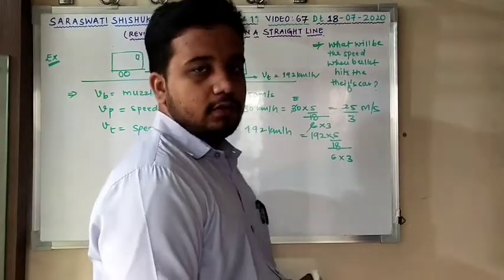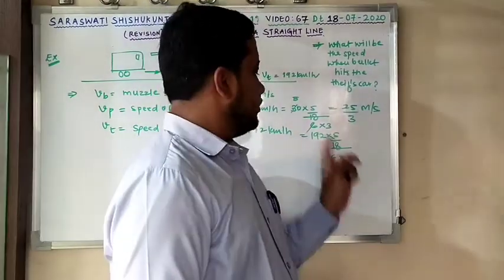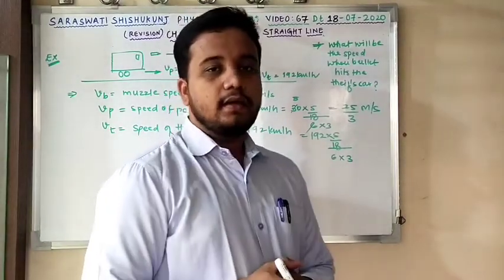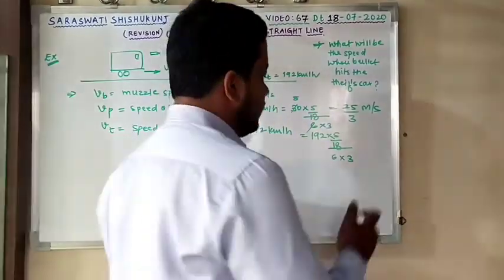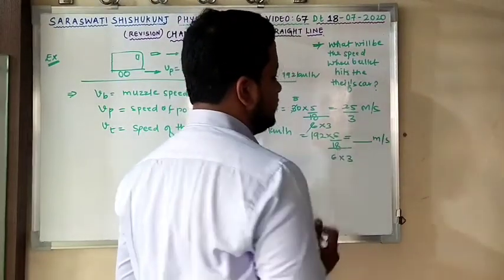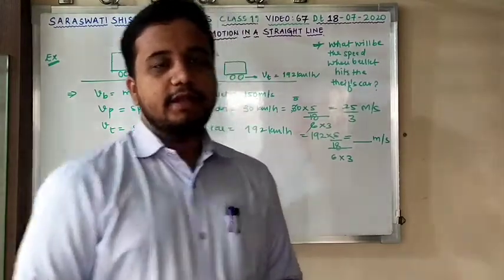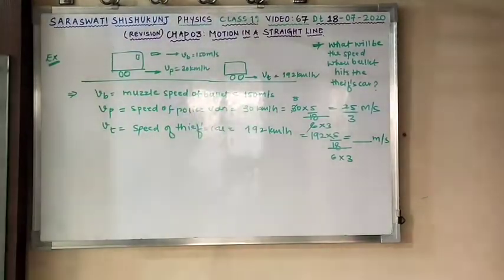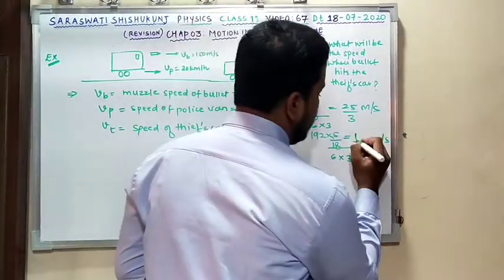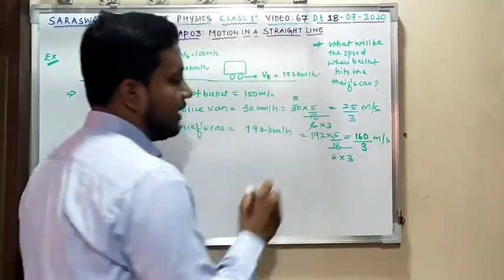Try to cancel it out. What are you going to get? Tell me. Can anybody tell me what the answer is? Very good. So here you will get the speed of the car, that is nothing but 160 by 3 meter per second.